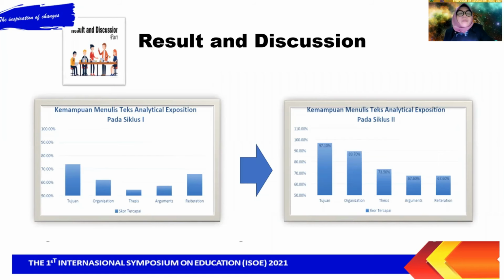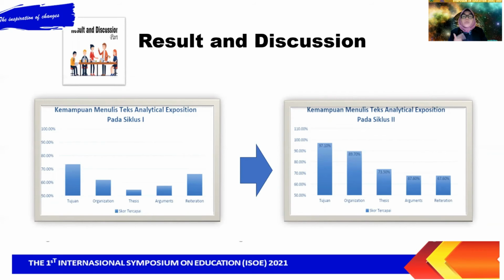This leads me to my next point, the results of my research. This graph shows the achievement gained by the students in the first cycle. Based on the graph, it can be concluded that, first, of the 17 participants in class 11 IPA 3 MAN Insan Cendekia Gorontalo, 64.7% were less able to write analytical exposition text.